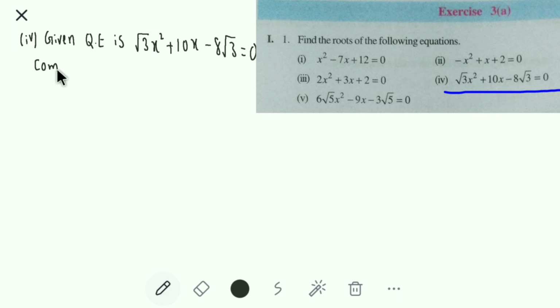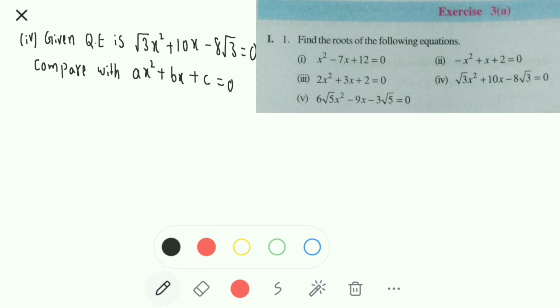So compare with ax square plus bx plus c is equals to 0. So here the value of a is equals to root 3 and the value of b is equals to 10 and the c is the constant term, that is minus 8 root 3.